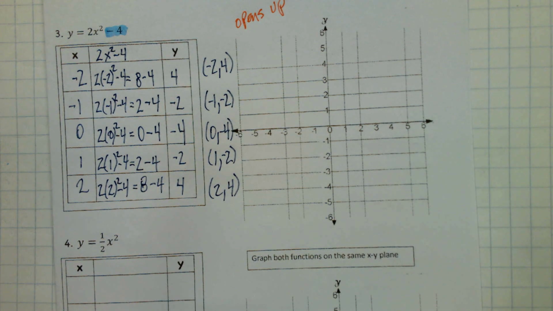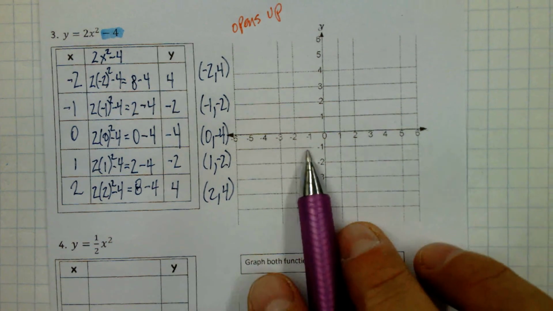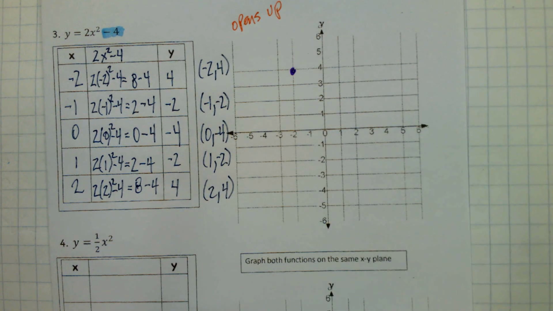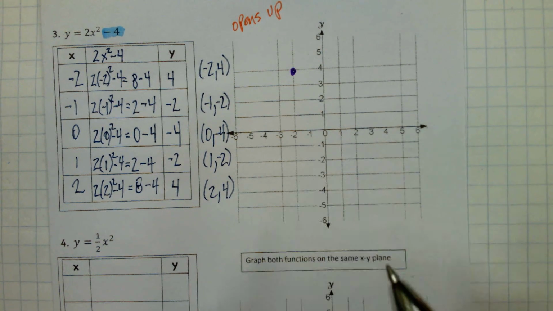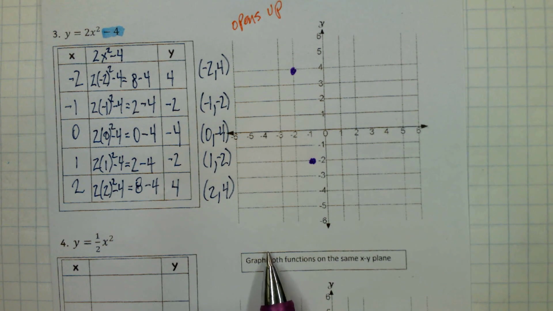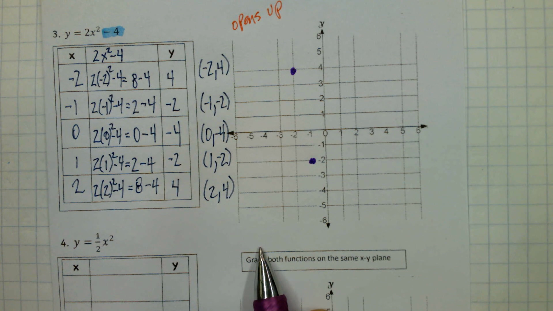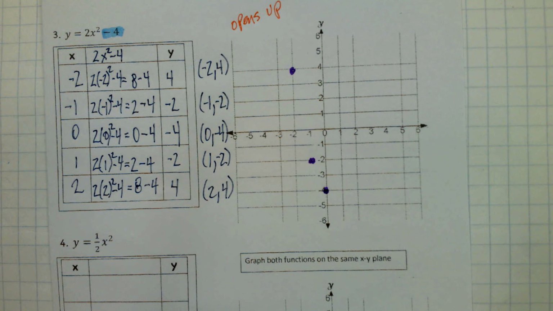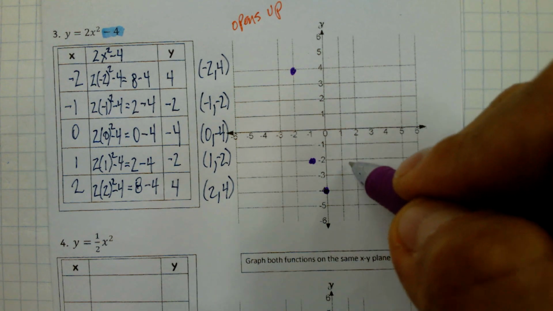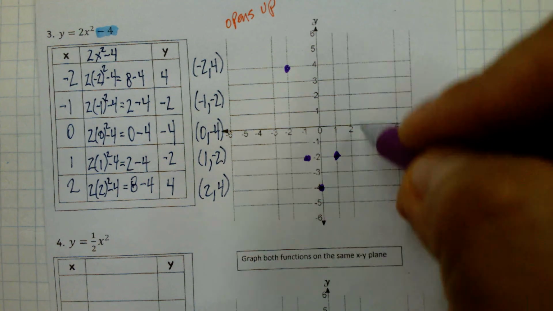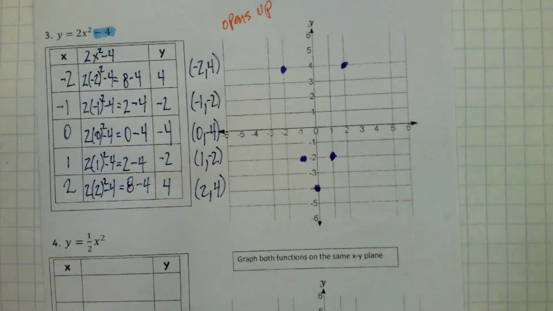Okay. So now, let's see where these points are. We want negative 2, 4, right there. Negative 1, negative 2 down here. And then 0, negative 4 right there. And then 1, negative 2 right there. They're counterpoints. And then 2, 4 back up here again.